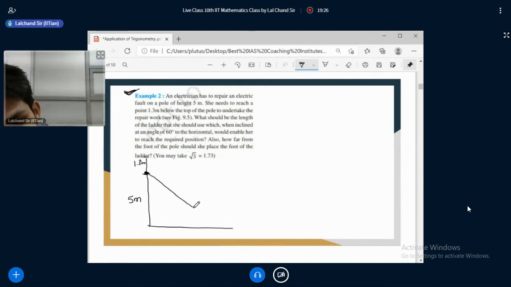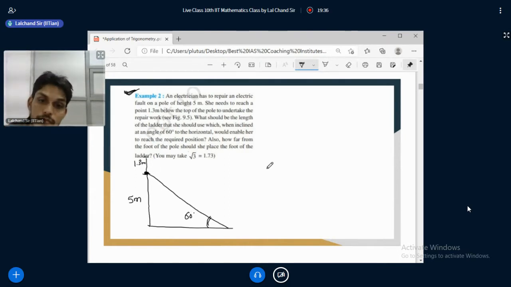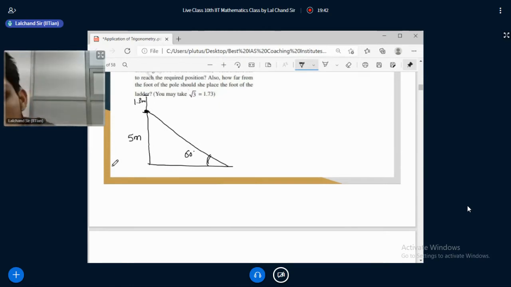This is a ladder, and it is inclined at 60 degrees with the horizontal. And how far from the foot of the pole should she place the foot of the ladder? So we need to calculate first the length of the ladder.